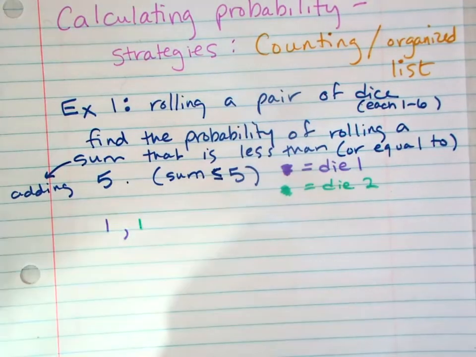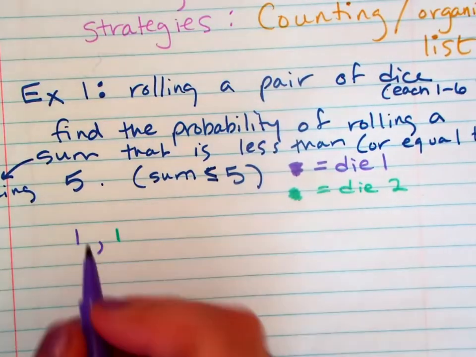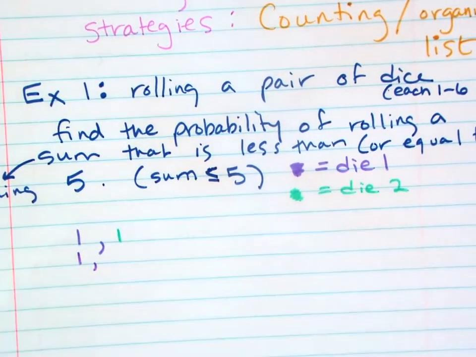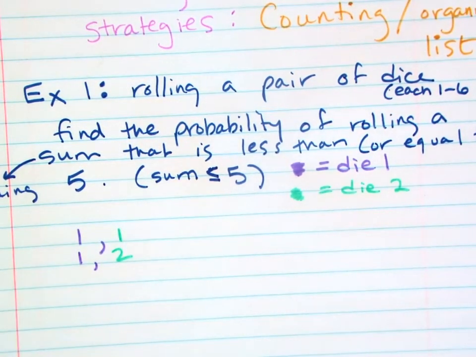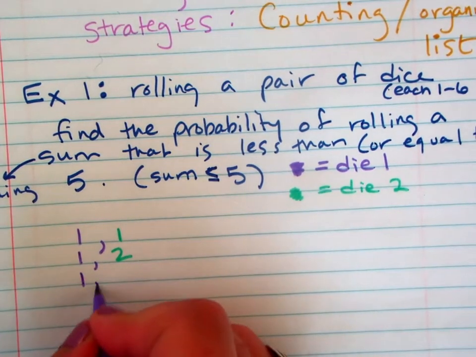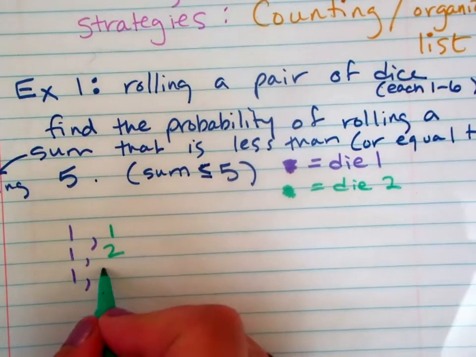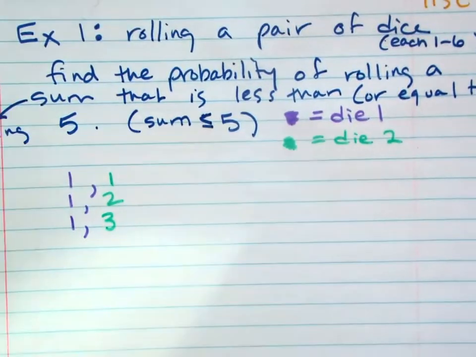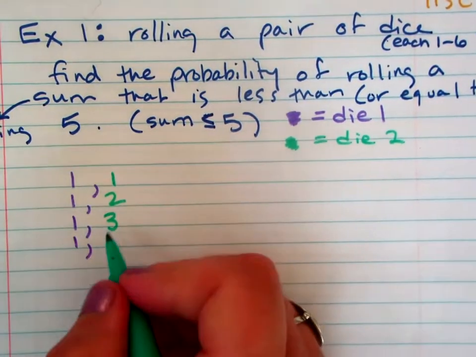Now I like to do this in a certain order, so I'm going to stick with rolling a 1 on die 1. But then I could also roll a 2 on die 2. I could roll, again, a 1 on die 1, but because I have 1 through 6, I could roll now a 3. I could roll a 1 and roll a 4.